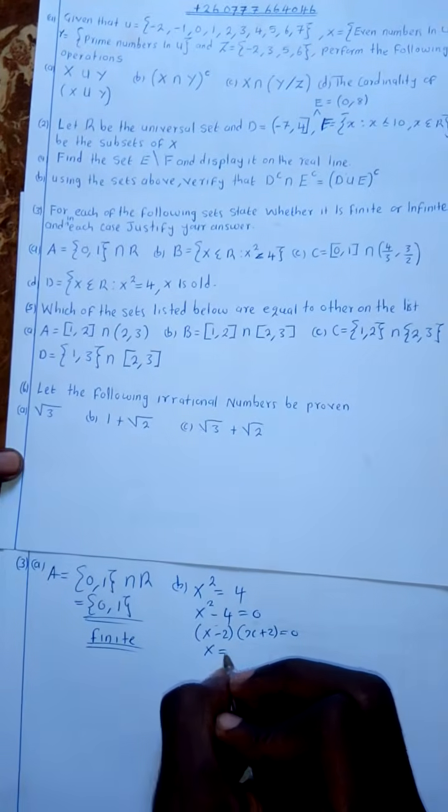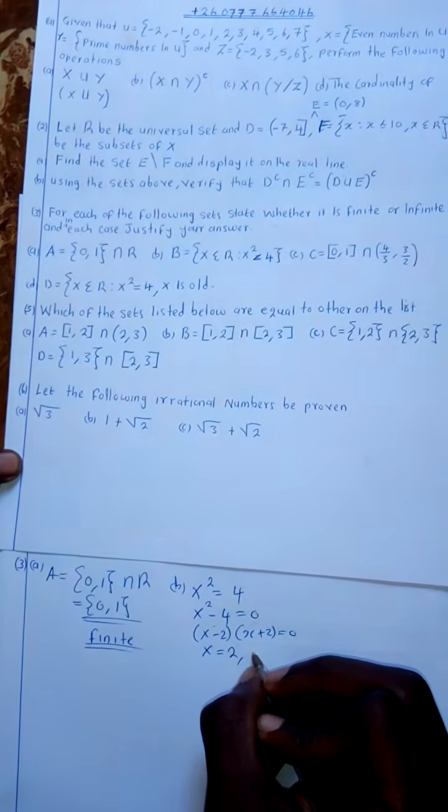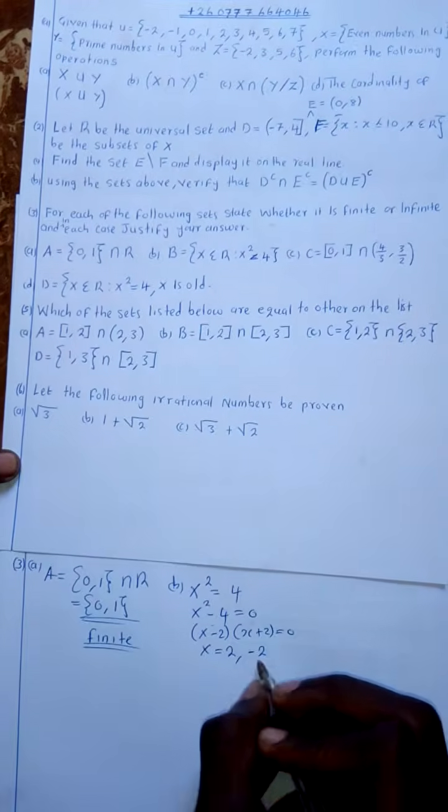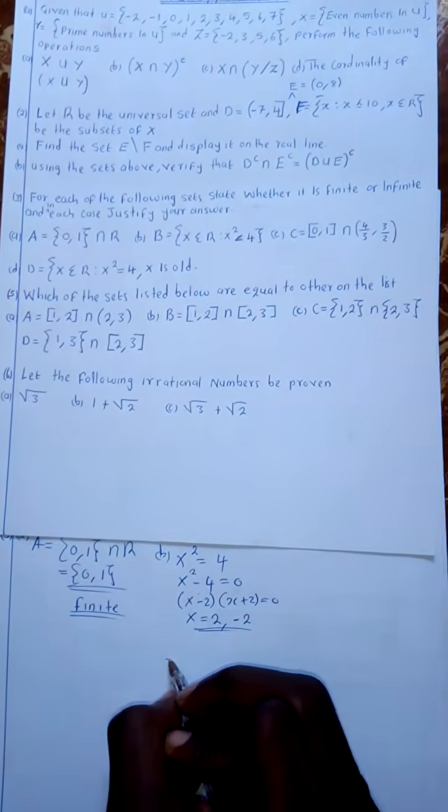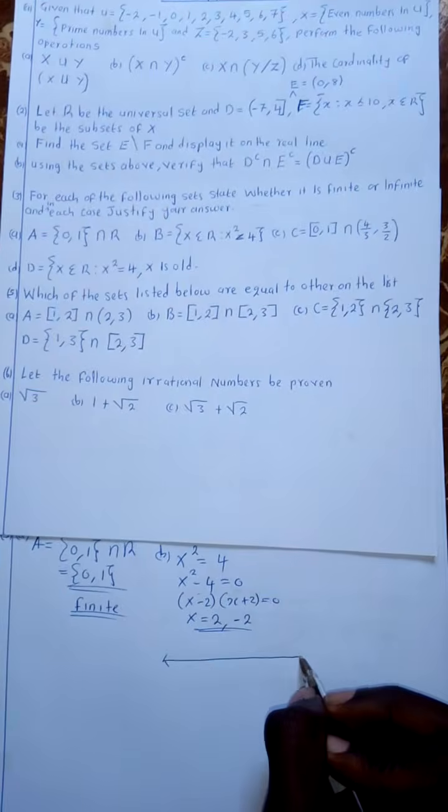And your answers are going to be X equal to 2 and negative 2. So we can prove this on the number line. You put 2, negative 2, then you put 0, negative infinity, and positive infinity like this.